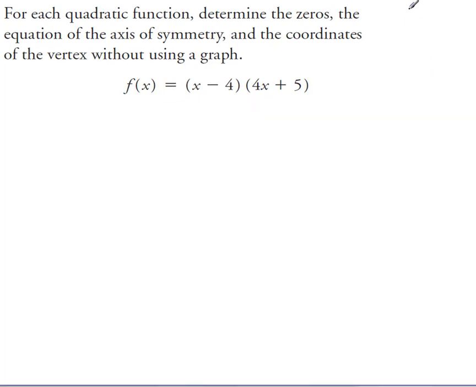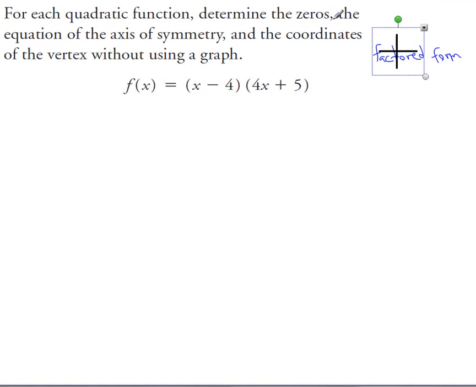So the first thing I noticed about this is that this is in factored form because it's one thing in brackets multiplied by another thing in brackets. That's factored form. Right, so I'm just going to remind myself we're looking at this in factored form. Now, there's something really important that we can tell from this if we're working in factored form.